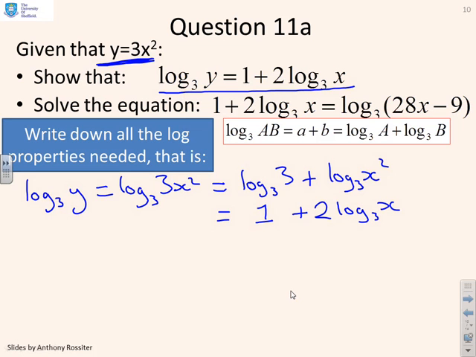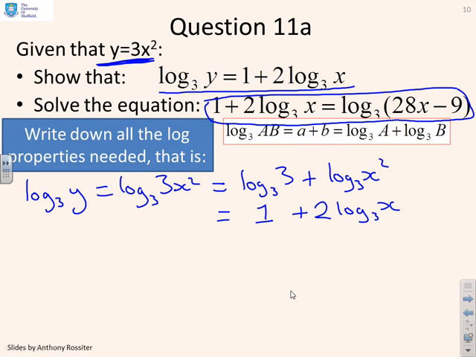Next question, it says solve this bit here. Now usually when a question follows like this, you can see there's a link between the two. There's a 1 plus 2 log 3 of x in part 1 and a 1 plus 2 log 3 of x in part 2.